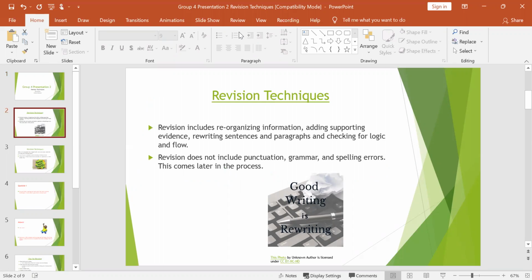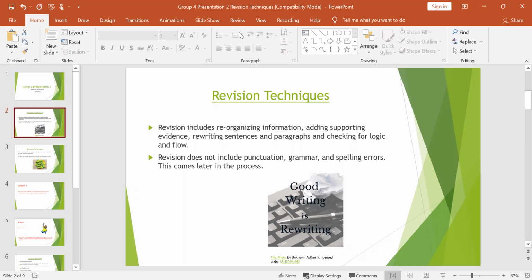So revision techniques. If you remember the first presentation, I can't remember what group touched on this topic, but this is going a little bit deeper into techniques. Revision includes reorganizing your essay, maybe adding supporting evidence, rewriting and rearranging paragraphs, and checking for logic and flow, which is very important when you're writing an essay.